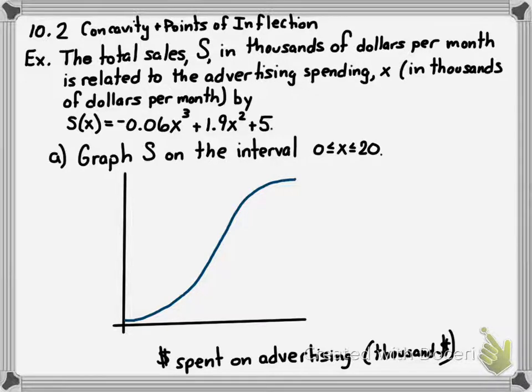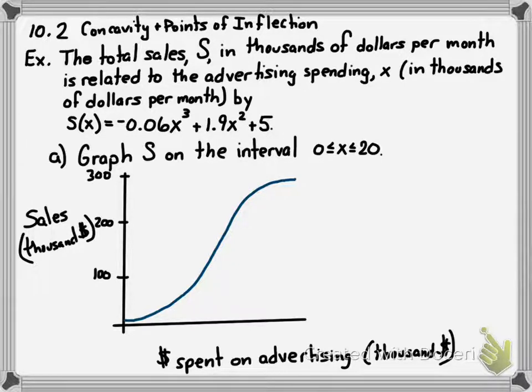And on the y-axis, we are measuring the sales, which is also measured in thousands of dollars. And I remember that the graph went up to 285, so I'm going to do a little bit of rounding here and have my graph go up to 300, and then I have 200 and 100.